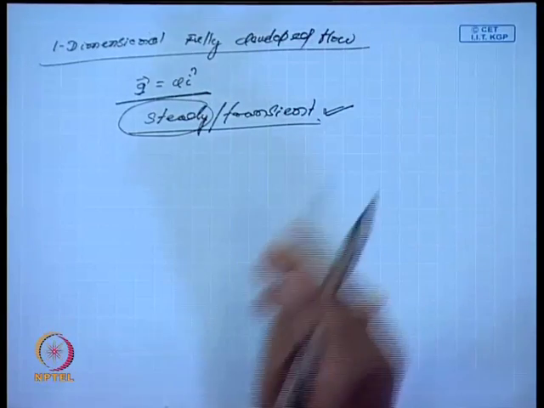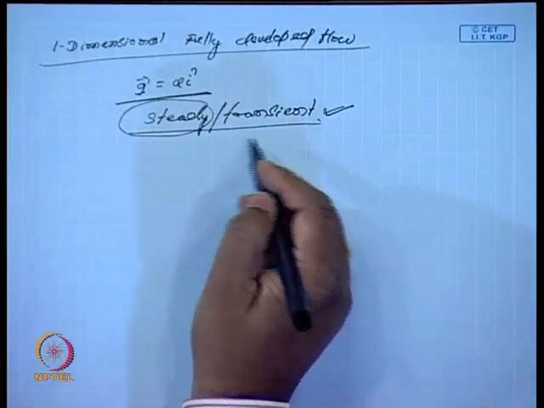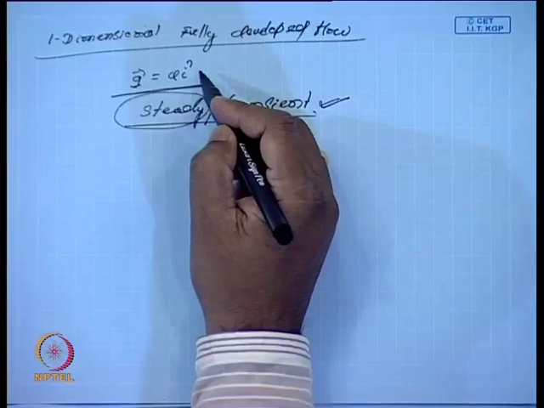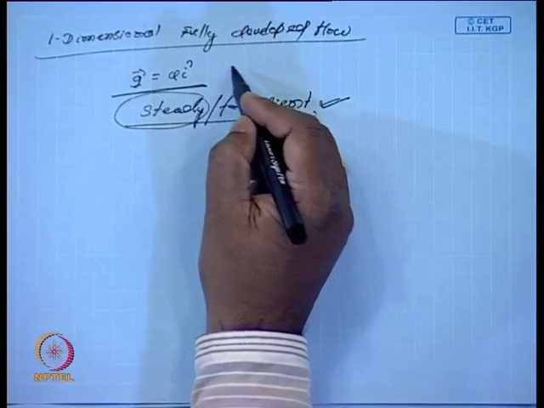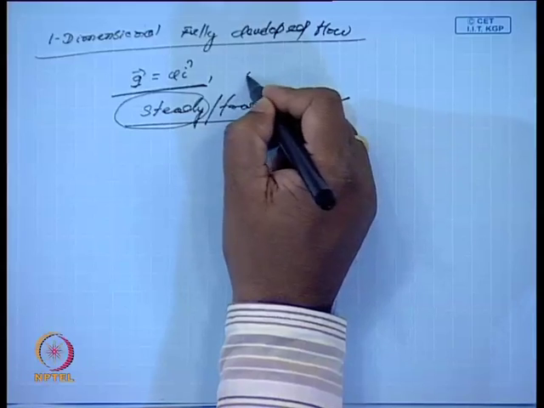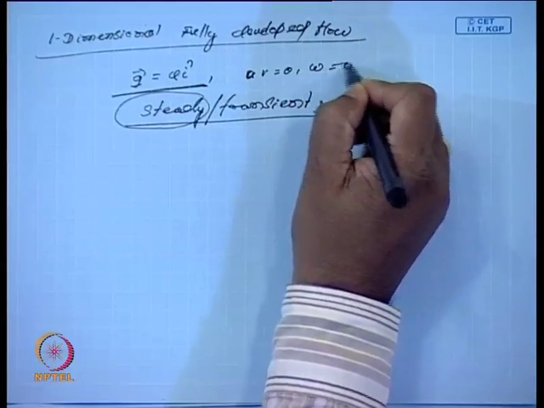So, with this let us look at a fully developed flow. I have already told you that q bar is equal to u i hat, where u is the x component of the velocity, the velocity component in the y direction is 0 and in the z direction is 0.